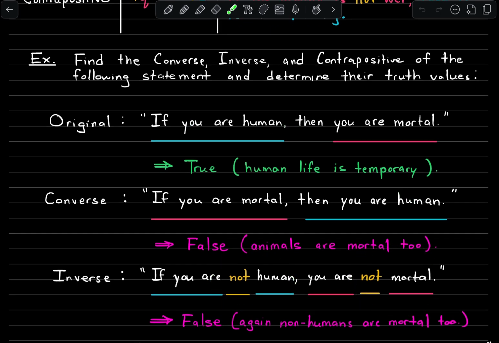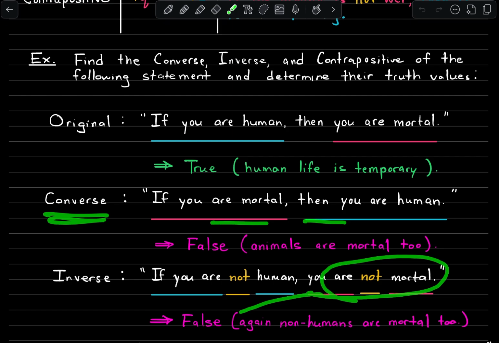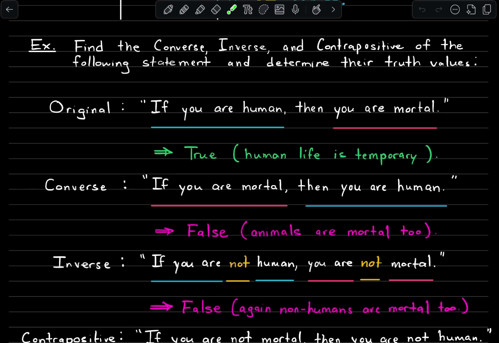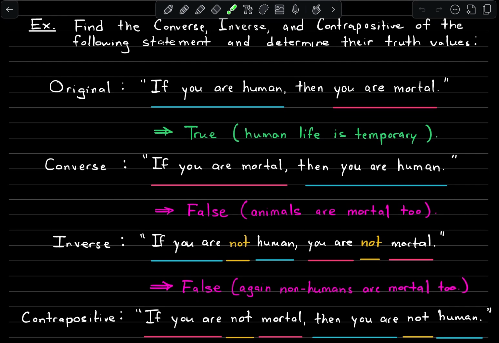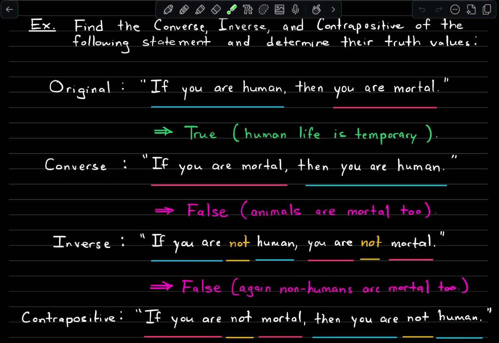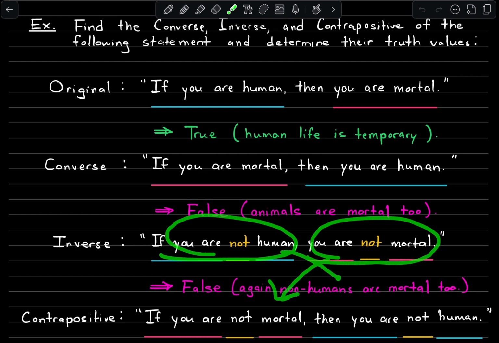In other words, you can think of the contrapositive as the converse, the swapping of the inverse. Okay, so when we put both operations together, we get what's called the contrapositive. So contrapositive is, if you are not mortal, then you are not human.